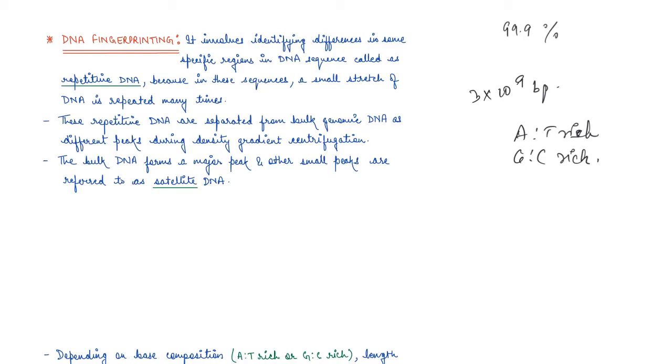Right? Now these sequences normally do not code for any protein. In the last video, we also studied that repetitive DNA do not code for any protein, but they form a large portion of the human genome, right? These sequences show a high degree of polymorphism and form the basis of DNA fingerprinting.